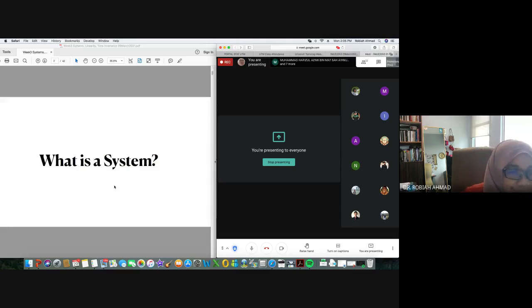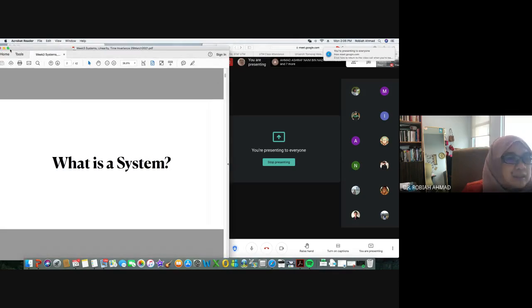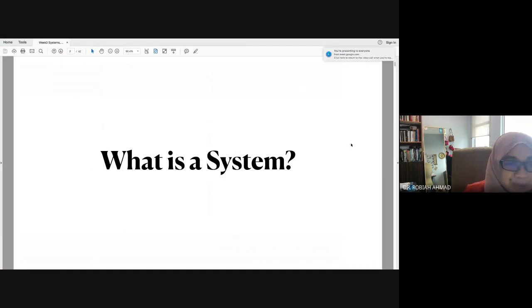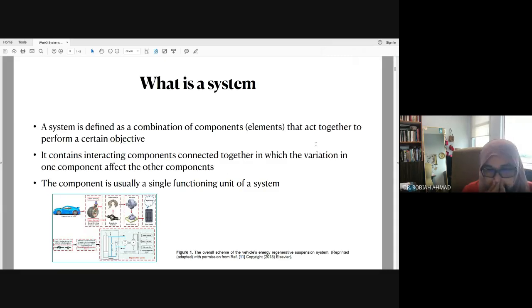So what is a system? Previously, we learned about signals, and now let us look at a system. This is the definition of a system.